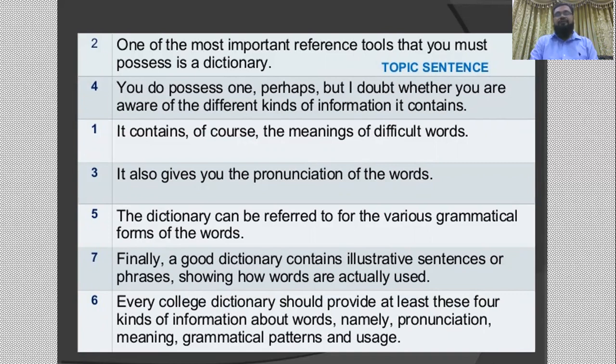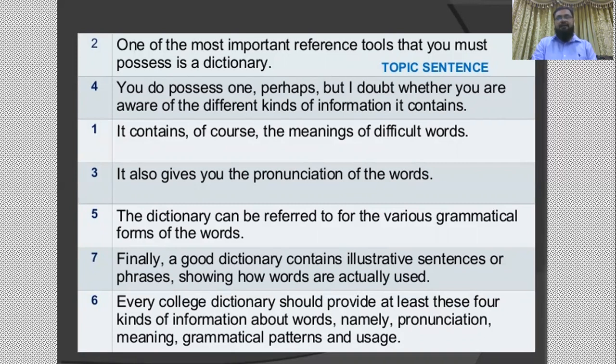You do possess one, but I doubt whether you are aware of the different kinds of information it contains. It contains, of course, the meaning of difficult words. It also gives you the pronunciation of the words. Now you see the third sentence, it contains, of course, and now the fourth, it also; the fourth sentence is linked with the third one.